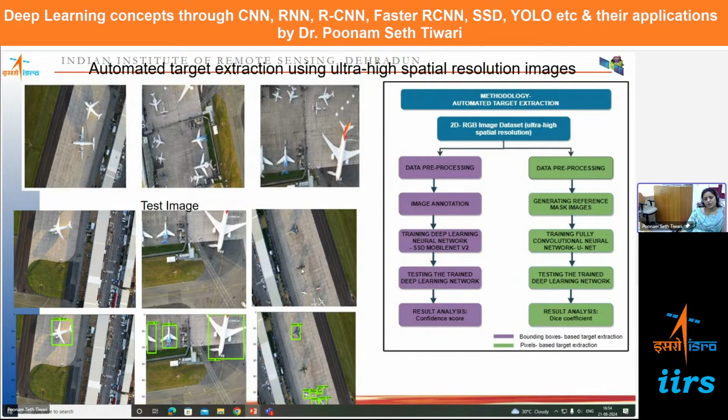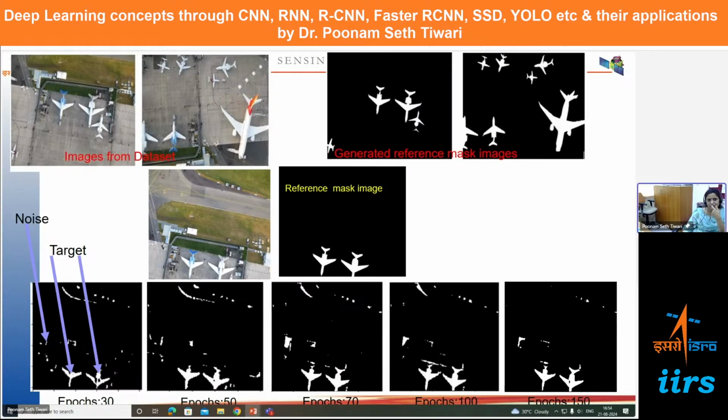Ultra high resolution images were used for this purpose. MobileNet and UNet were used for segmentation, and MobileNet was used for object detection. This is how the segmented results look.